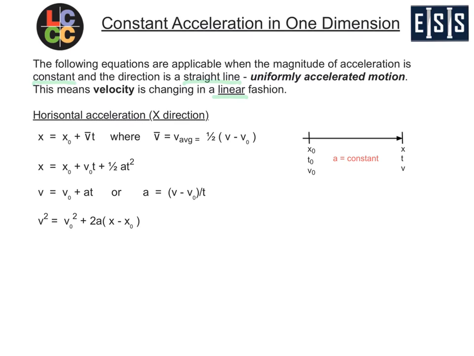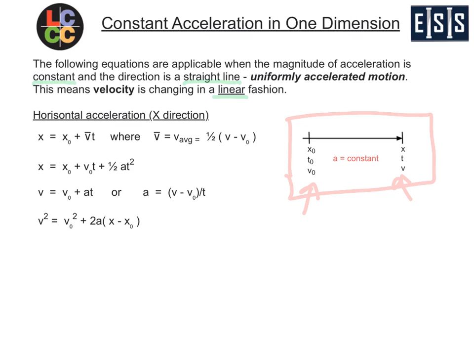When you work a problem with this, as you will with all physics problems, you will set up a coordinate system. And for this situation, you would have initial conditions of distance, time, and velocity, and final conditions for your distance, time, and velocity.